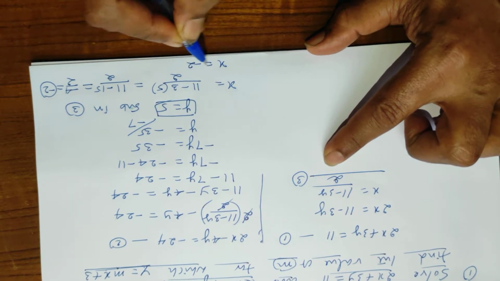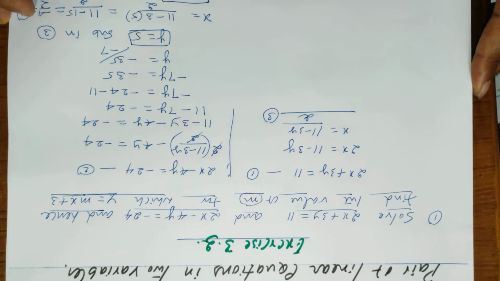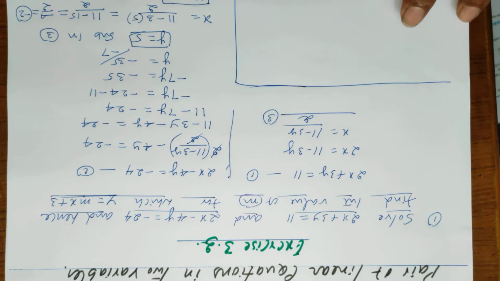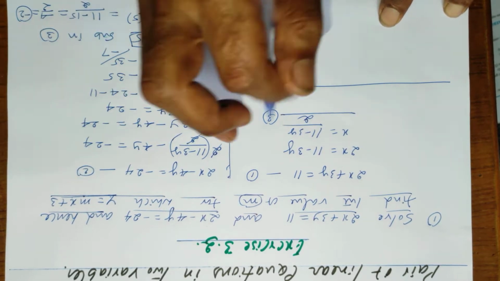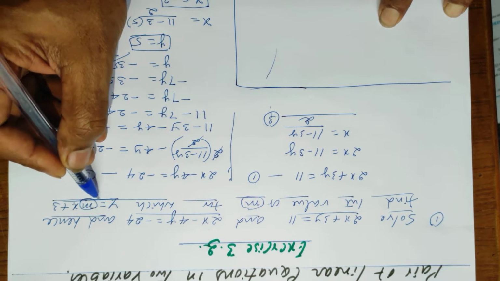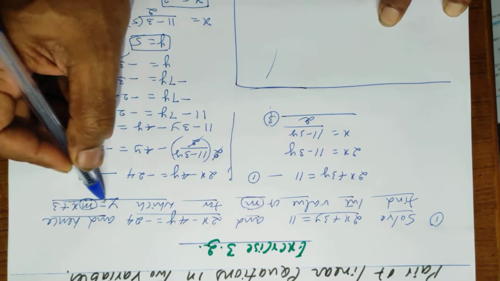So x is equal to minus 2. Now you are not asked to find out the value of x and y, you are asked to find out the value of m. But to find the value of m, you need to know the values of x and y.